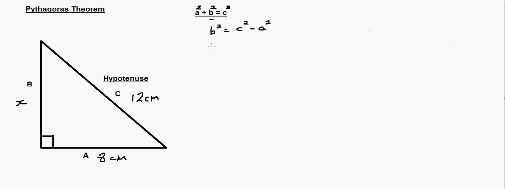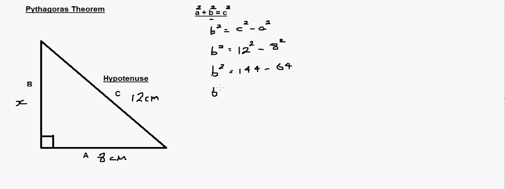So we have B squared equals C squared. Now C squared is 12 squared, minus A squared, which is 8 squared. So now it's just arithmetic. So B squared equals 12 squared is 144, minus 8 squared, which is 64.